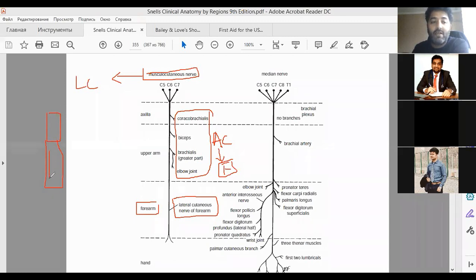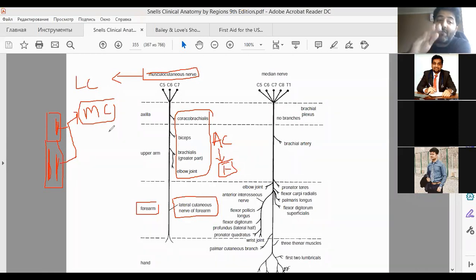The lateral cutaneous nerve supplies the lateral part of the skin of the forearm. The medial cutaneous nerve of the arm and the medial cutaneous nerve of the forearm both come out directly from the medial cord. Do you remember it? The medial cord directly gives two branches.